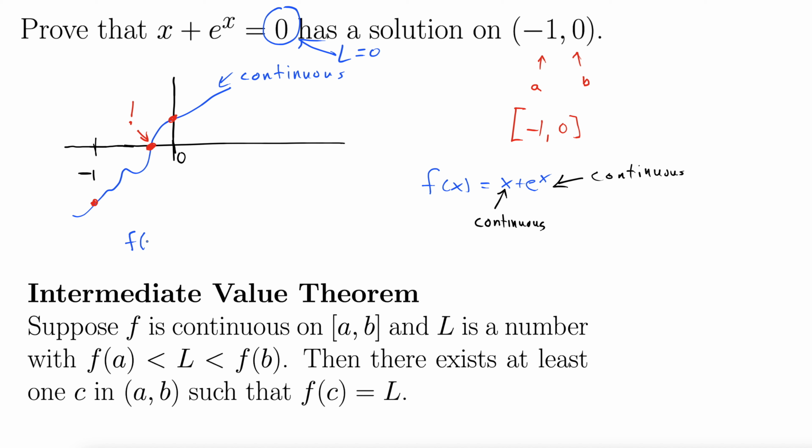All right, f of -1 is -1 plus e to the -1. That comes to about -0.63. f of 0 is then 0 plus e to the 0. Well, that's simply 1.